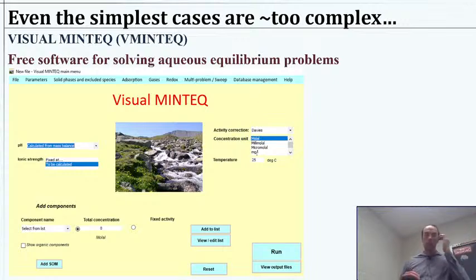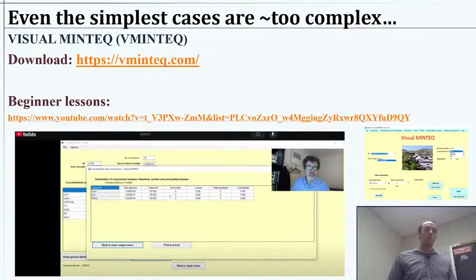So I'm not super familiar yet with all of the different things it can do, but I will provide you these links. The website to download it is there. It's free. And then there's some beginner lessons I found where you could watch somebody explain what's going on. So it looks like there's probably a series of lessons there that would take you through.